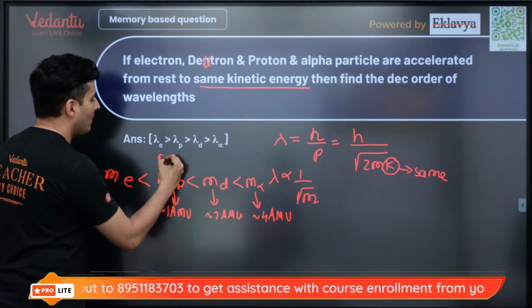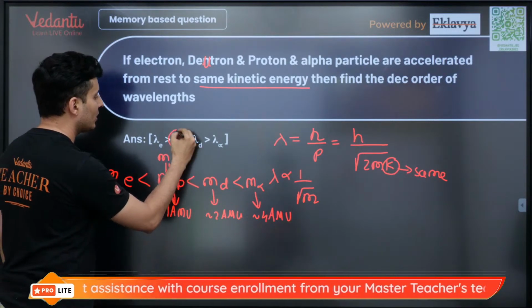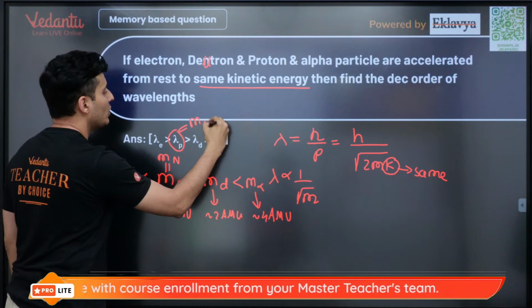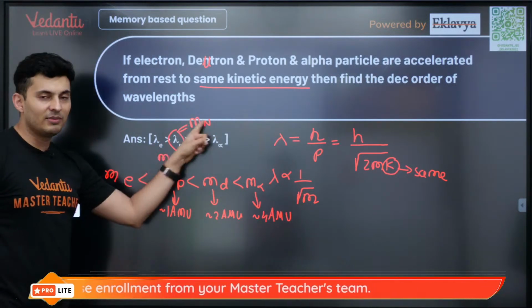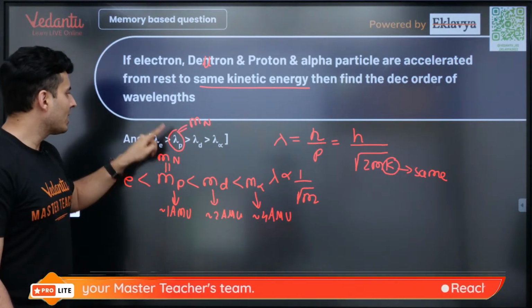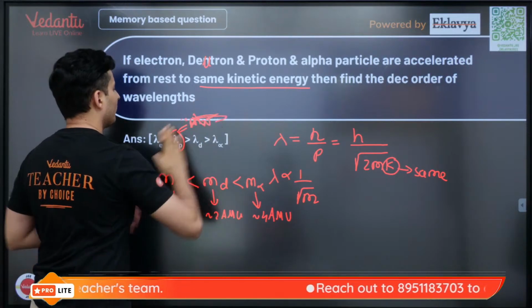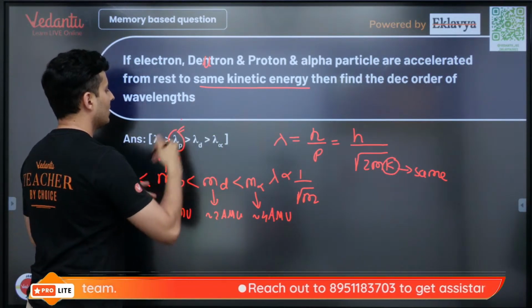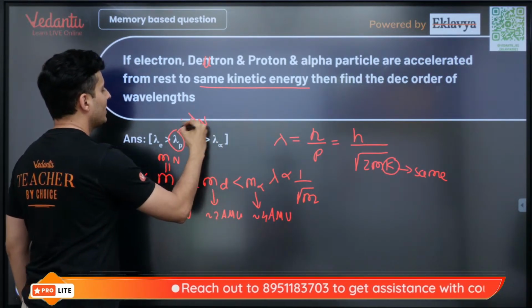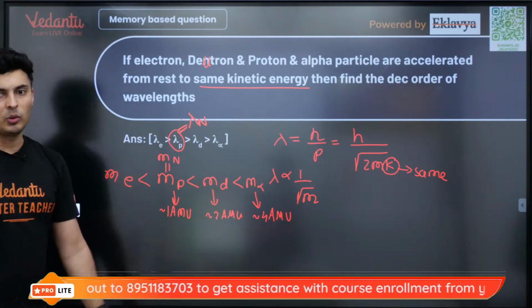Mass of proton and mass of neutron will be the same. So that will also be equal to the mass of neutron. So the lambda of neutron will be roughly equal to the lambda of the proton.